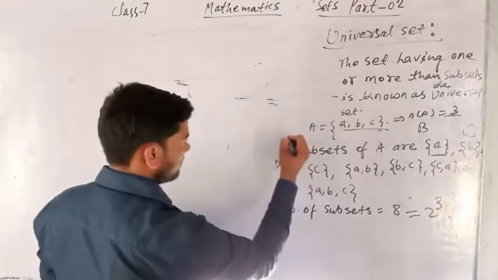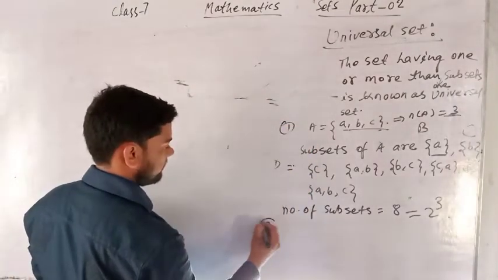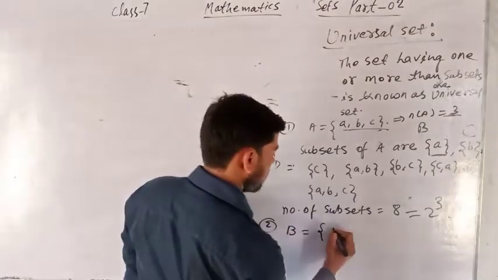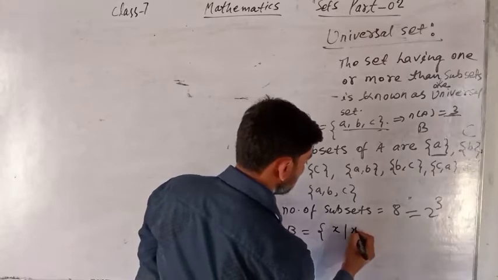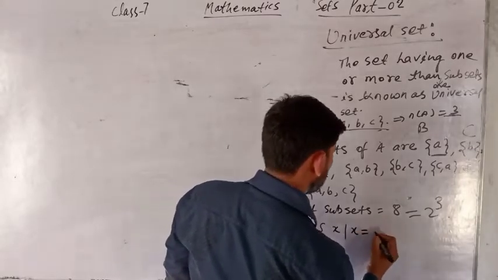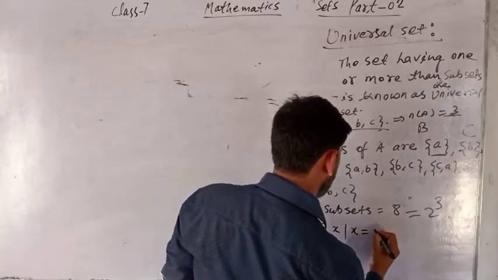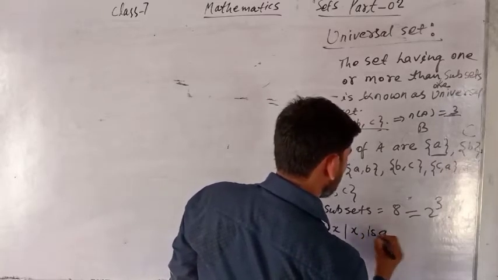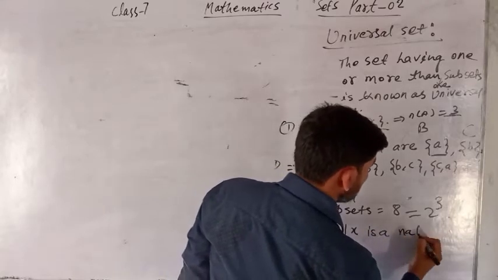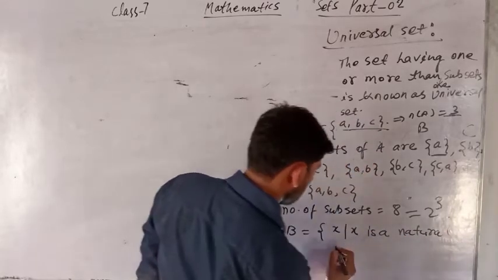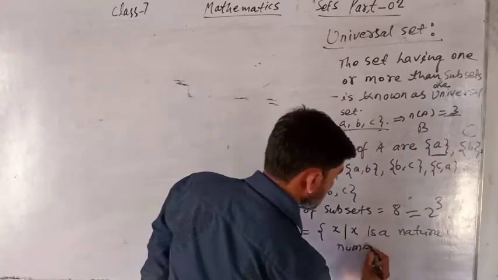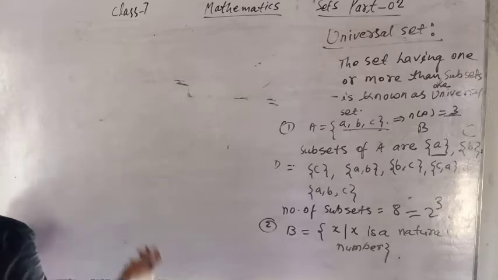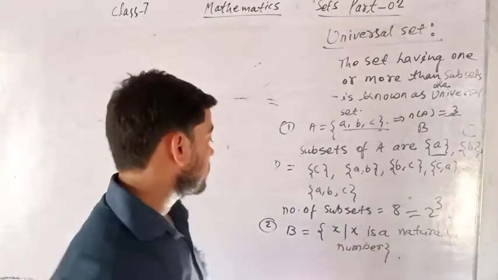One more example. Let the set B = {x such that x is a natural number}. See, there are so many subsets.